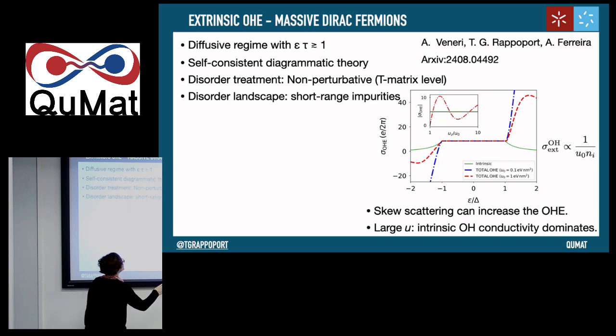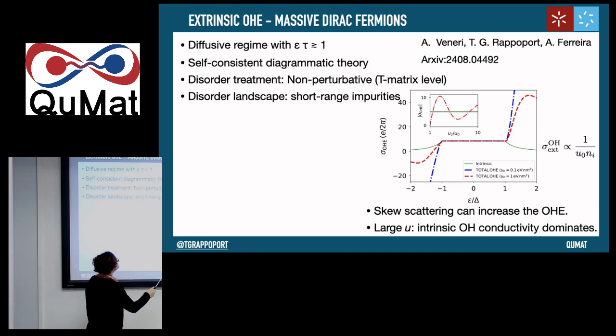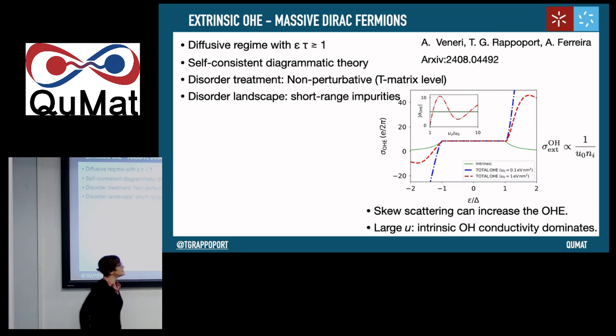So this is the original orbital Hall effect in green, only the intrinsic contribution. And then in blue and red, the total orbital Hall effect with different strengths of disorder. We can see an increase of this orbital Hall effect that goes with the inverse of the impurity concentration and the strength, and this is a characteristic of the skew scattering mechanism.